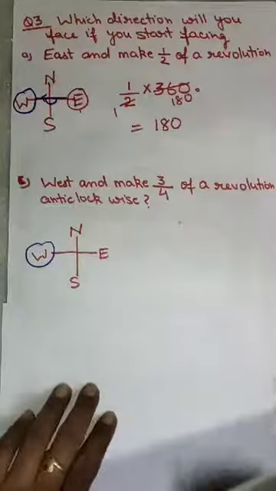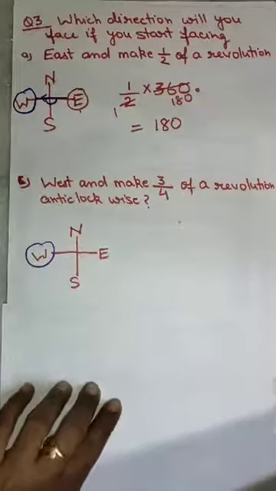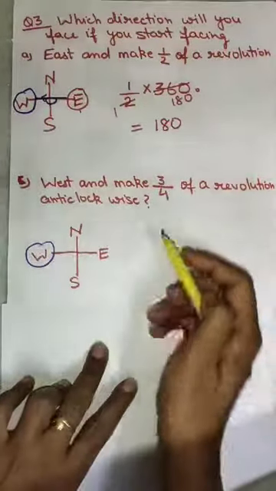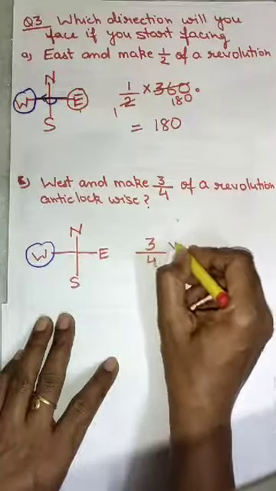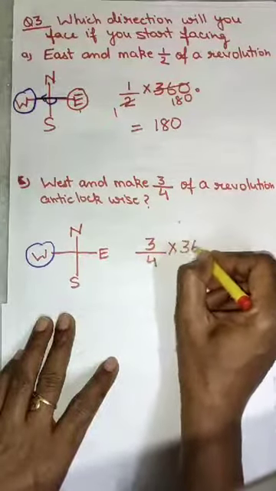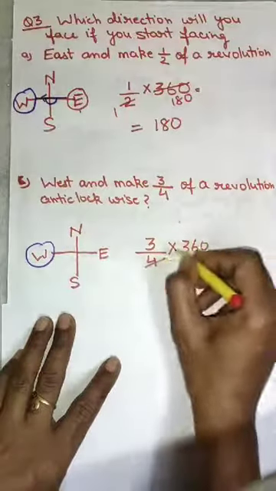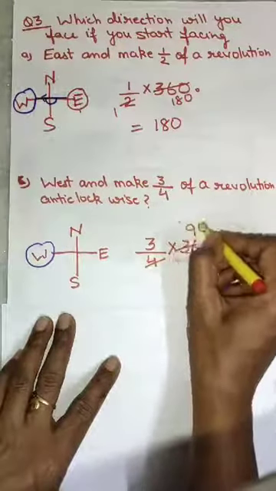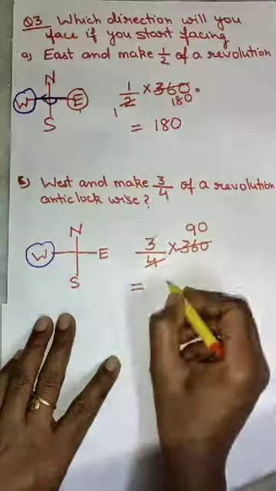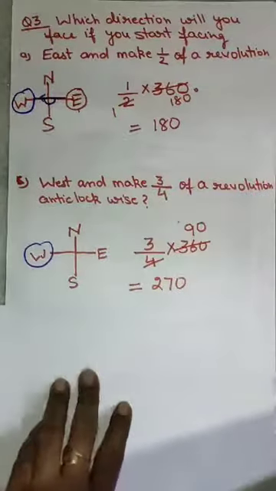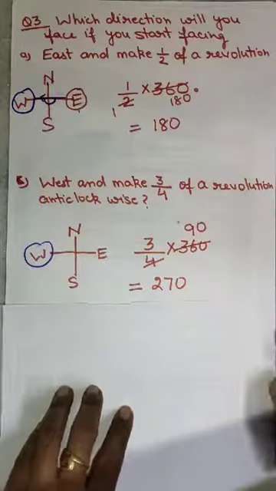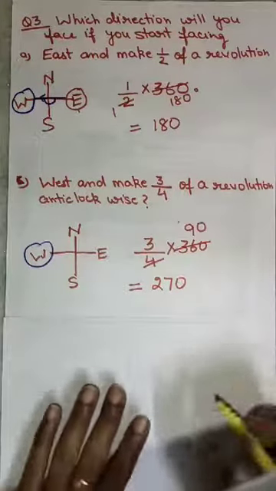Now 3/4, 3/4. So we will convert 3/4 into 360 degree. It is 90. 3 multiplied by 90 is 270. Okay, so what is 270? How can we write down 270?